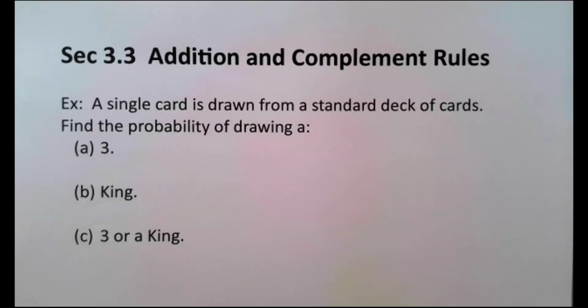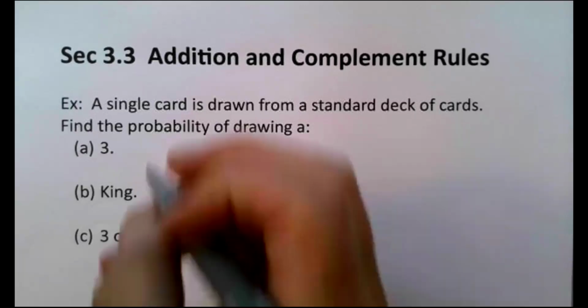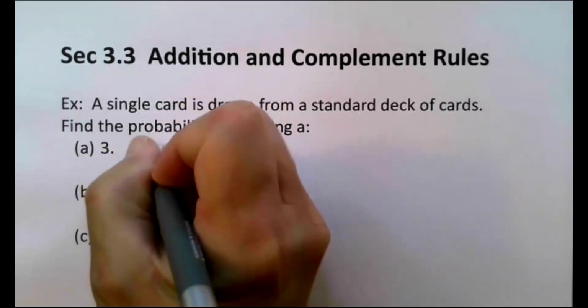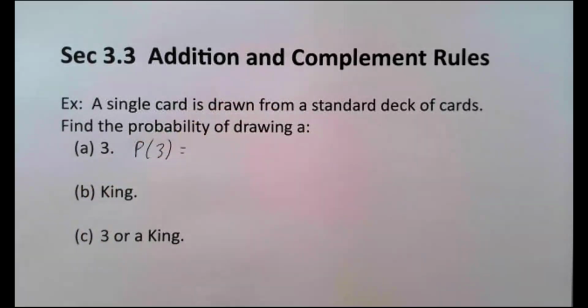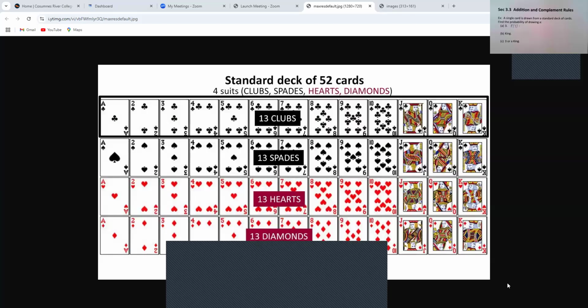Okay, let's look at our first example. A single card is drawn from a standard deck of cards. Find the probability of drawing a 3. Notation looks like this: probability of drawing a 3. When we draw from a deck of cards, there are 52 cards in a deck.